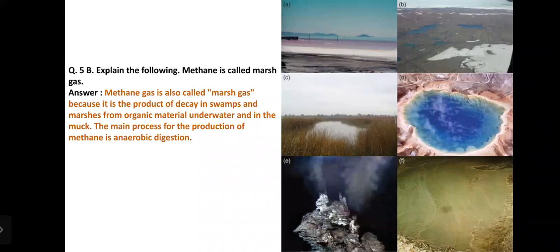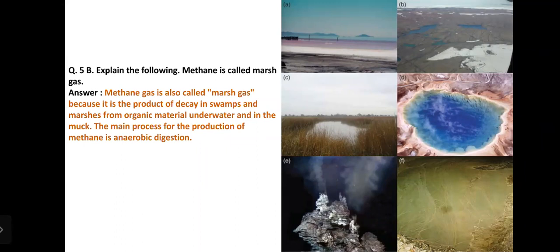And in the stomach, the main process for the production of methane is anaerobic digestion. The images given in the slides are multiple places in which methane gas is produced.